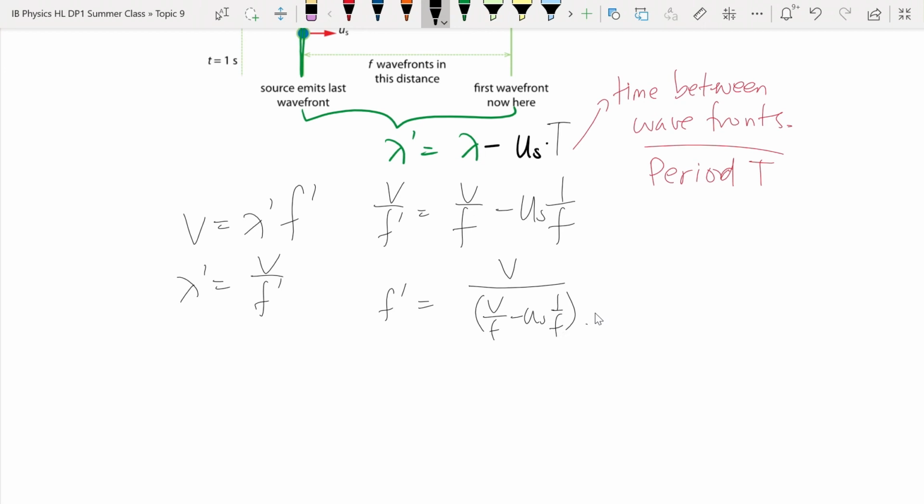We're almost done. Let's factor out the frequency. So it would be on the bottom side 1 over frequency times velocity minus u_s, right? And you can just multiply this by the top as well.